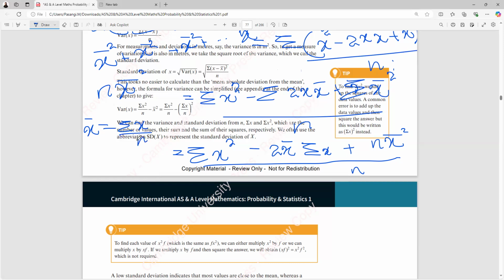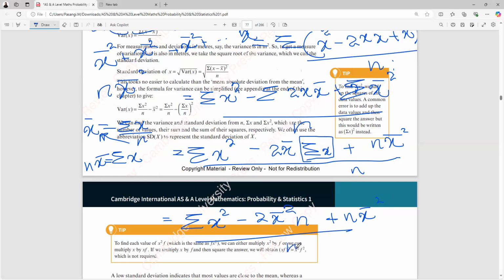So instead of sigma x, we can replace it by n x bar, by cross multiplying. This means I can replace it like this: sigma x squared minus 2 x bar squared n plus n x bar squared, divided by n.